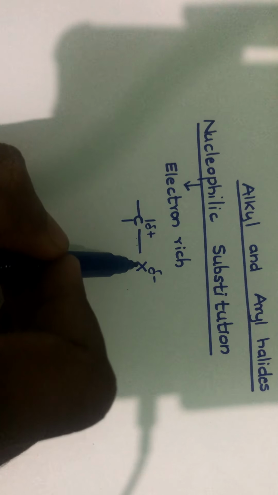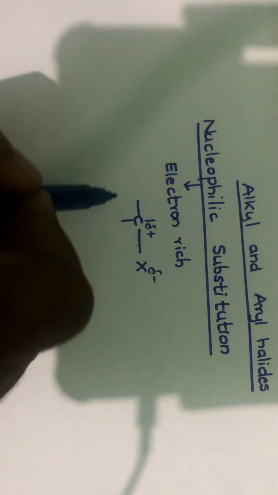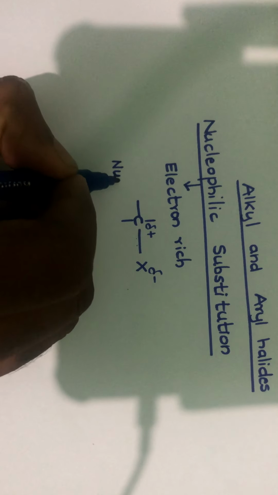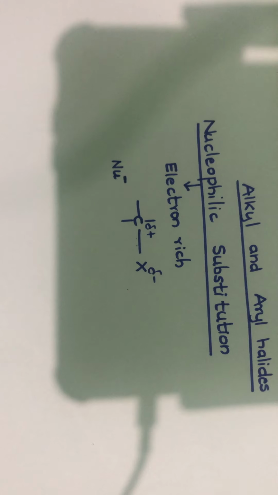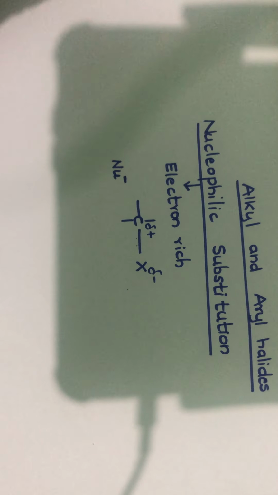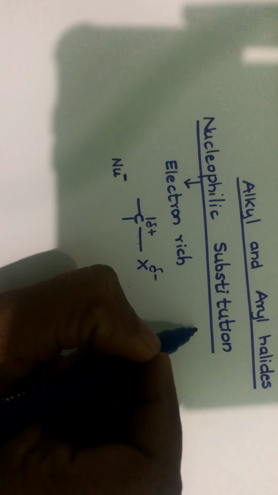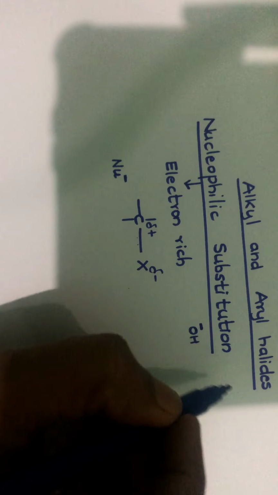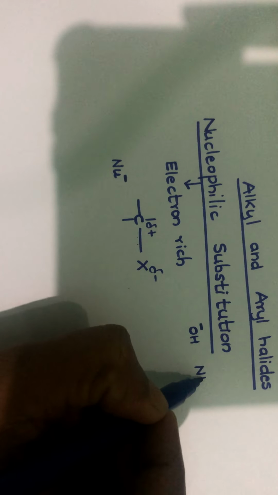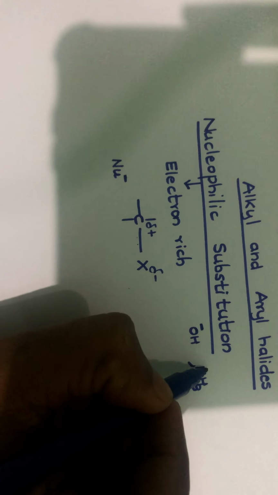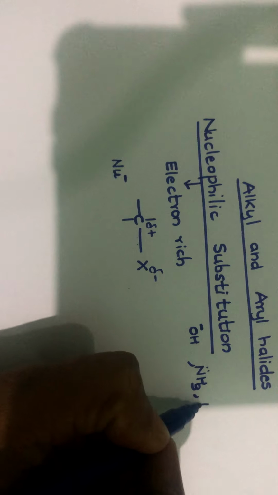Now, if this alkyl halide is treated with a nucleophile, see, nucleophiles are electron rich centers, so a nucleophile may be neutral or negatively charged. For example, OH minus is a nucleophile. Ammonia is also a nucleophile, even though it is neutral, because it contains a lone pair of electrons.